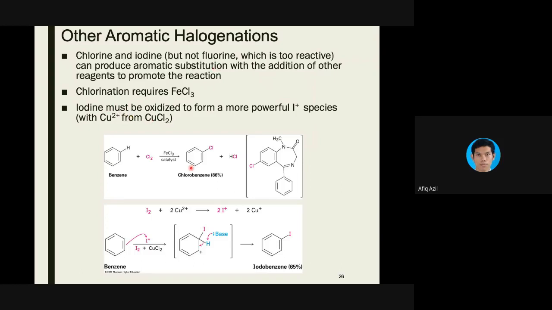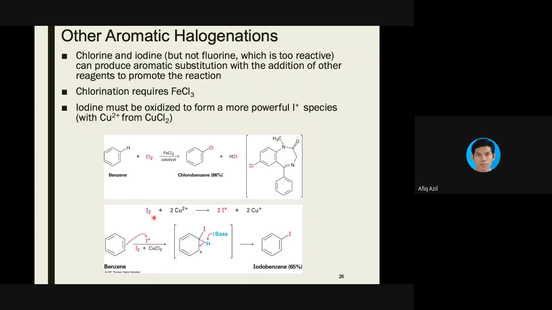iodine as the halogen, it must be oxidized to form a more powerful species, I plus. Iodine normally forms iodide, I minus, but now you want to make it into I plus by losing another electron.